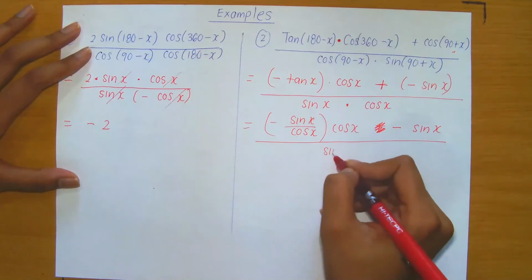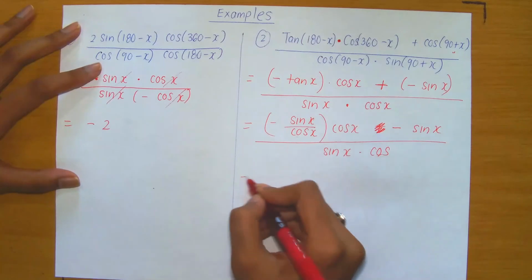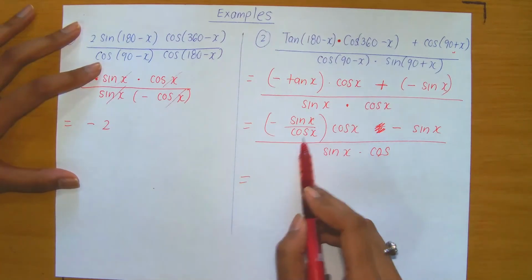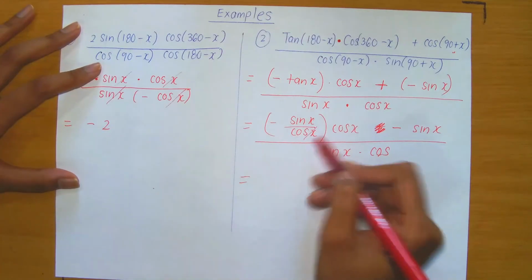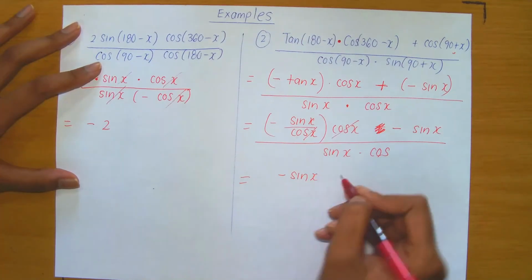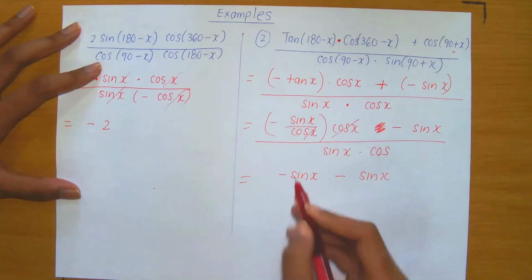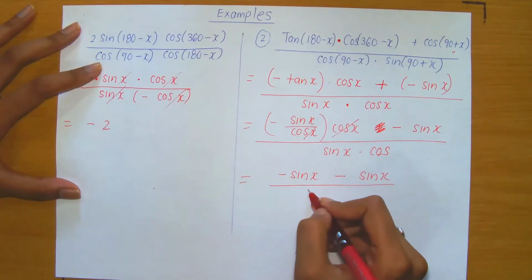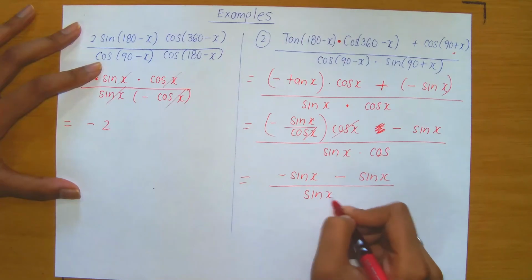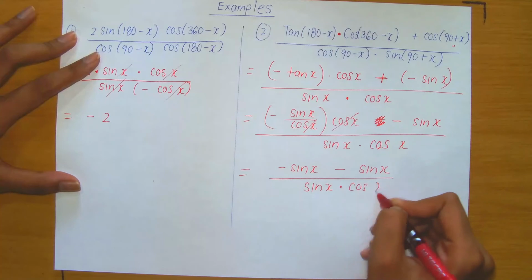And then here, sine x in the denominator times cos x. Simplifying now, I've got this bracket being multiplied to cos x. That cancels, so I'm left with minus sine x in the numerator, minus sine x, divided by sine x times cos x.